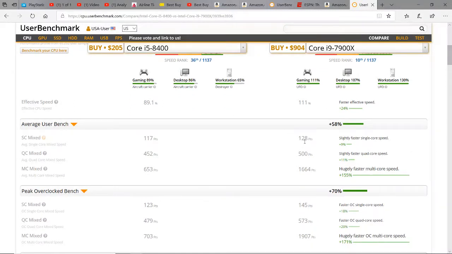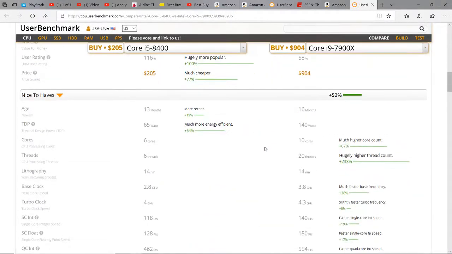Now, single core, not as impressive, okay? But when you put all this stuff together, maybe not the quad core, but multi-core is off the charts. So you may find that this computer actually is not that awesome for gaming, but it would be for some of the other things we talked about to take advantage of multi-core.